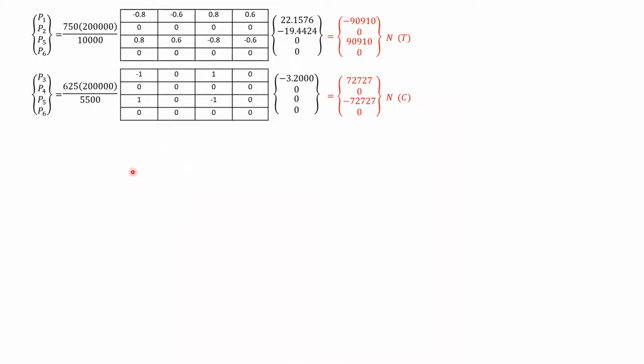Now, to check if the truss is really in static conditions, let's solve for the reactions. Let's go back to the whole entire stiffness matrix, or the structural stiffness matrix. F1, F2, F3, F4, F5, F6 are the global forces or reactions.